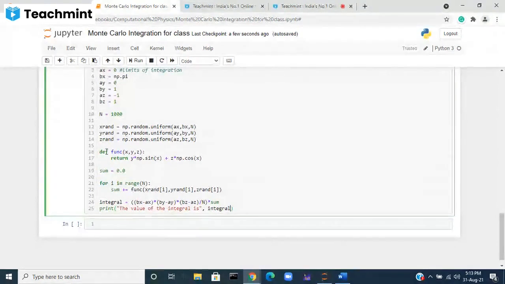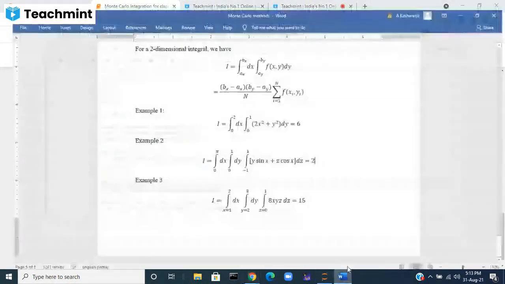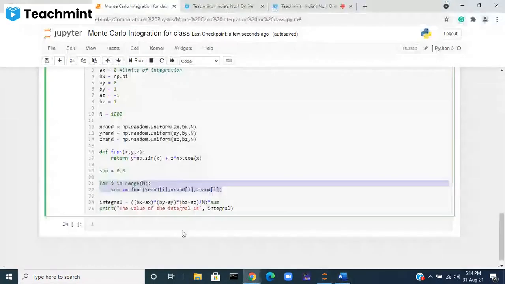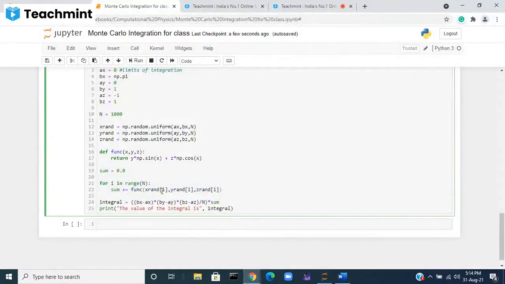Random numbers are generated, and we define the integration function. We already initialize the sum and use a for loop. In 2 dimensions it is f of xi, yi; in 3 dimensions it will be f of xi, yi, zi. So here we have the function of x random i, y random i, z random i, and i goes from 0 to n.